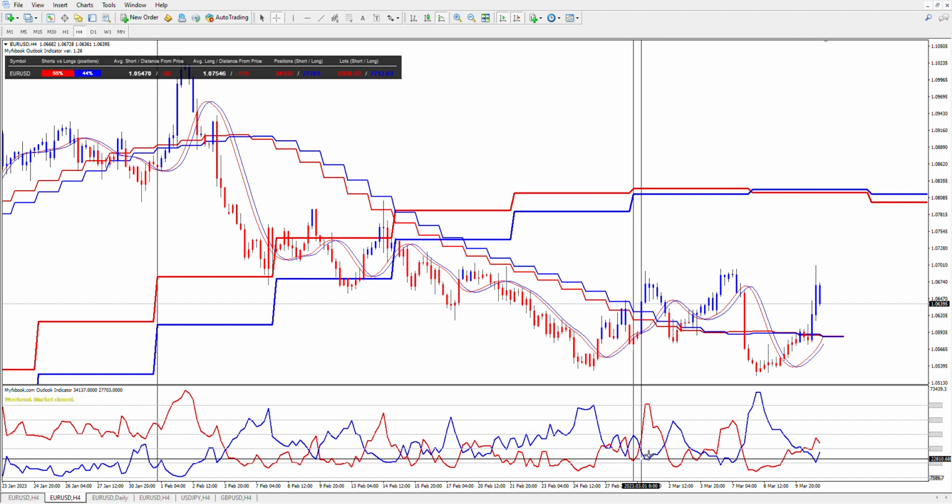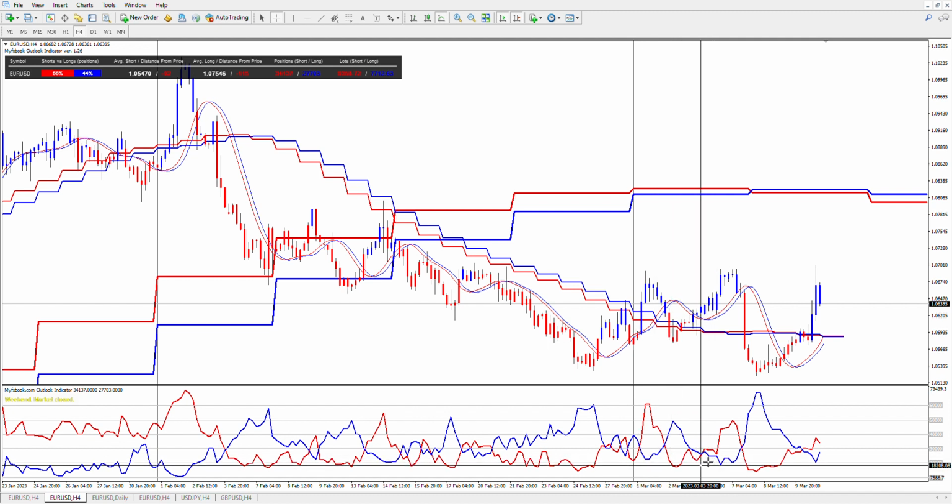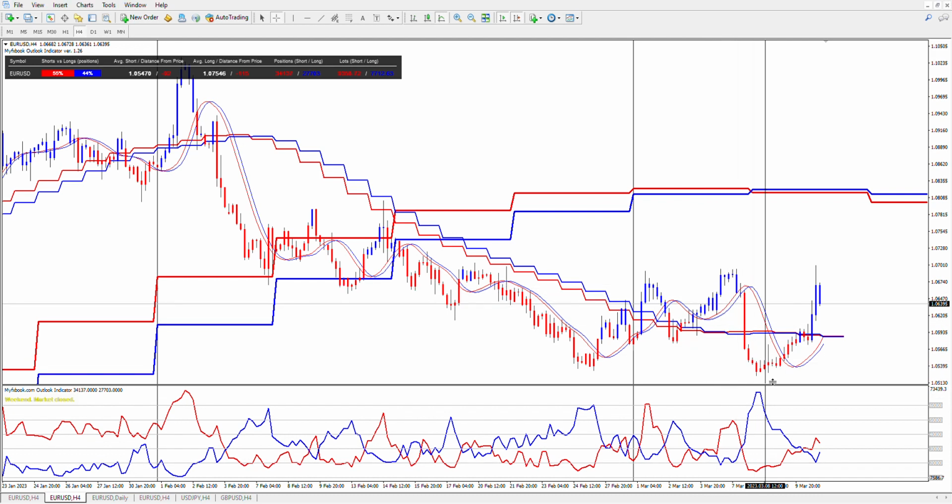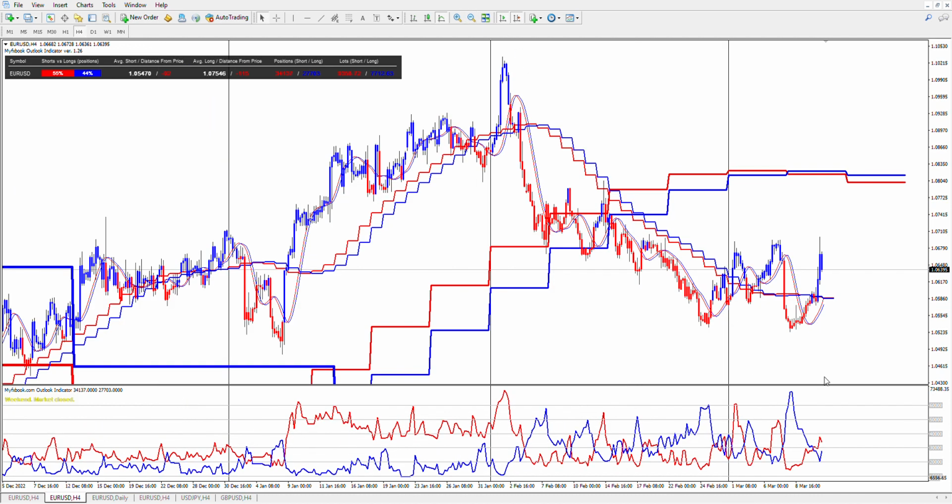You see, the blue was more frequently above the red by the 3rd of the month. I hope you understand this. And so by the 3rd of the month, I knew that the price would most likely be going down, and I was shorting this move. That's what happened, and now I'm shorting again because I expect the blue line to be dominating.